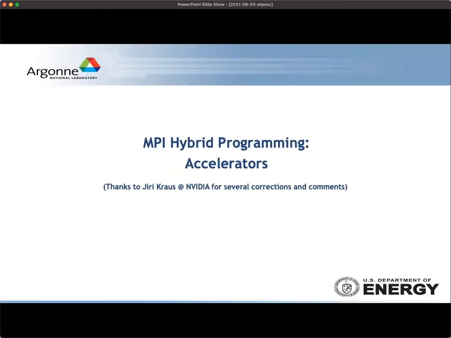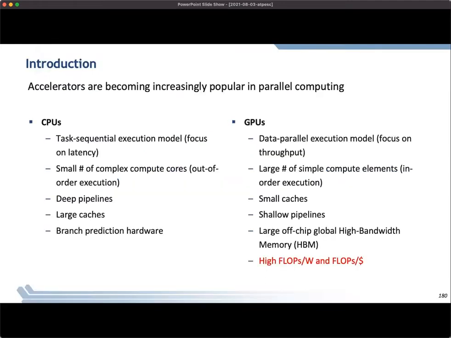Okay, so in the next part of our tutorial, I'm going to talk about MPI plus GPUs. And in this case, I'm using NVIDIA GPU and CUDA as an example. As you probably already know, GPUs and CPUs are designed for different kinds of workloads, and GPUs have a lot of benefits that we care about in high performance computing, mostly because of their high performance and power efficiency.